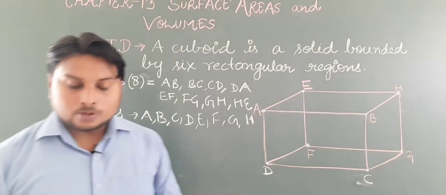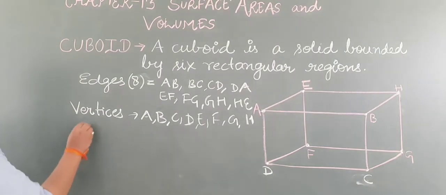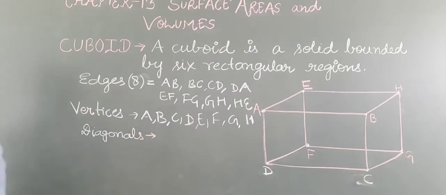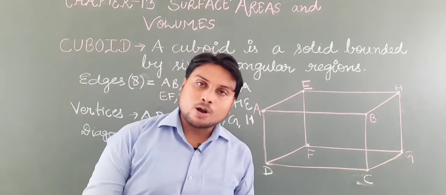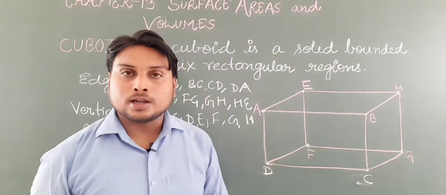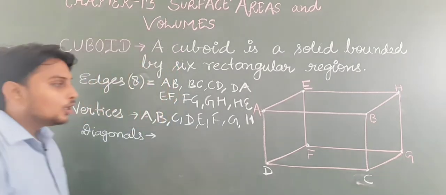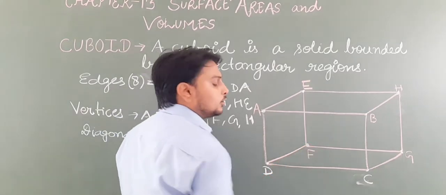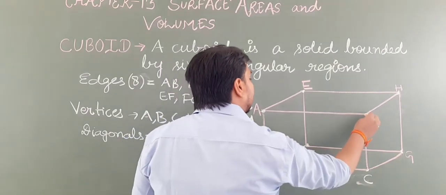Now we'll talk about the diagonals. So what is a diagonal, students? The longest rod which can adjust in this cuboid, means joining two opposite corners. If you take two opposite corners, F is the bottom corner and B is the top opposite corner.